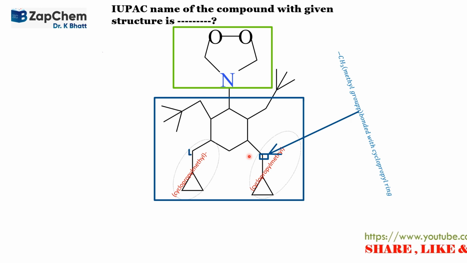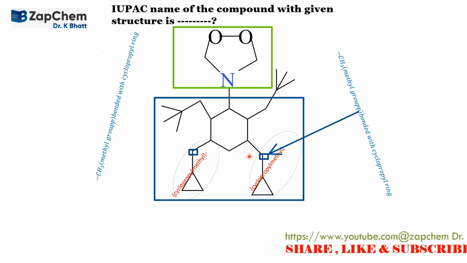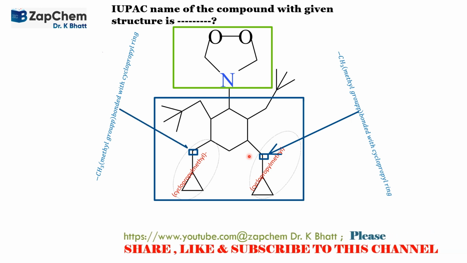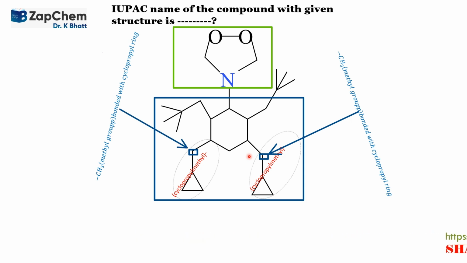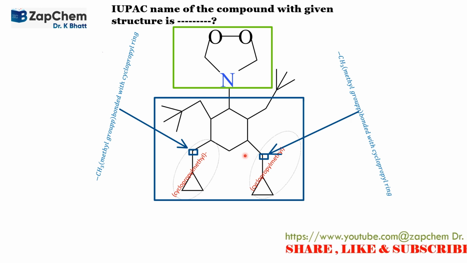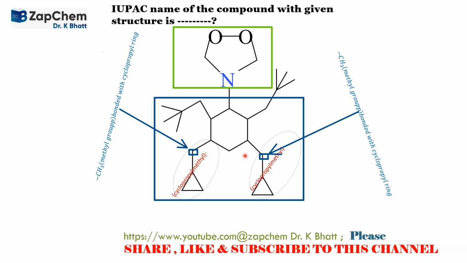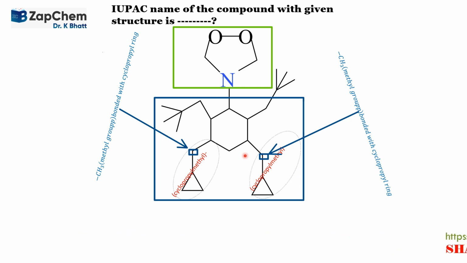Similarly, there is another similar ring attached at the second carbon atom, and the same ring is known as cyclopropyl methyl.